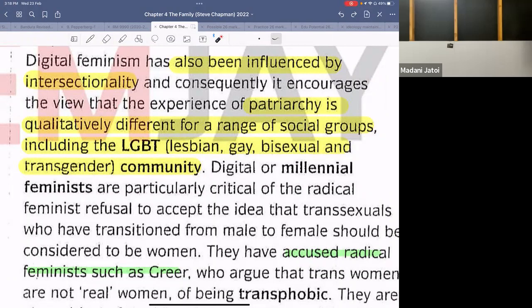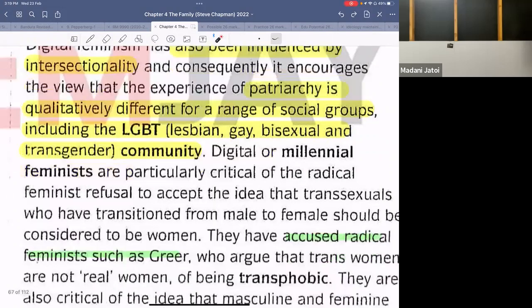A lot of what we studied over here has already been covered when we did the gender identity topic, within social identity, gender identity in particular, topic 1.3, I keep saying, okay? If you guys want, you can go back and give it a read. Under the gender identity topic you had read about transgenders, transsexuality too, right? So digital feminism has also been influenced by intersectionality, and consequently, it encourages the view that experience of patriarchy is qualitatively different for a range of social groups, including the LGBT communities.